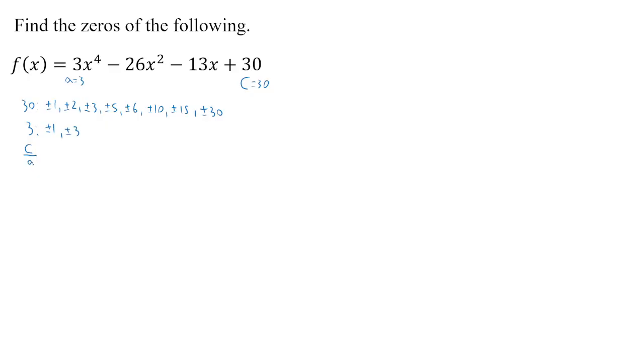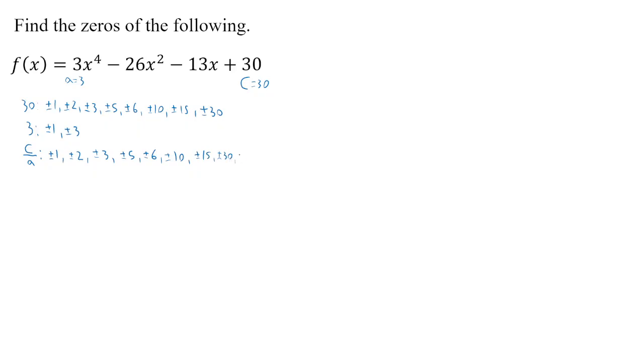So now we're going to list our possible rational zeros. 1 over 1 is 1. 2 over 1 is 2. 3 over 1 is 3. 5 over 1 is 5. 6 over 1 is 6. 10 over 1 is 10. 15 over 1 is 15. 30 over 1 is 30.